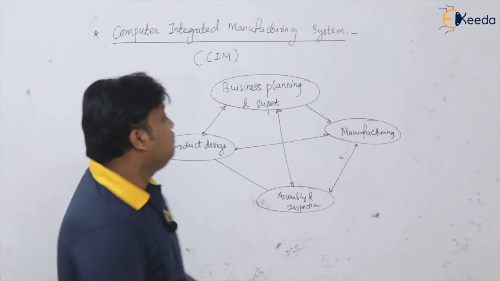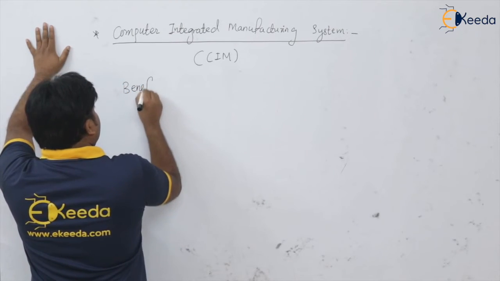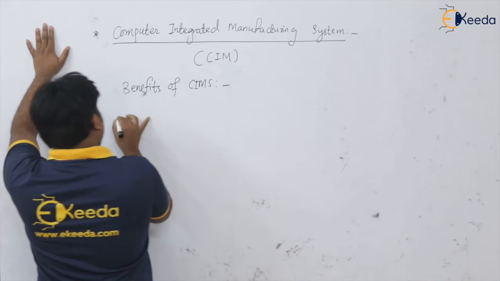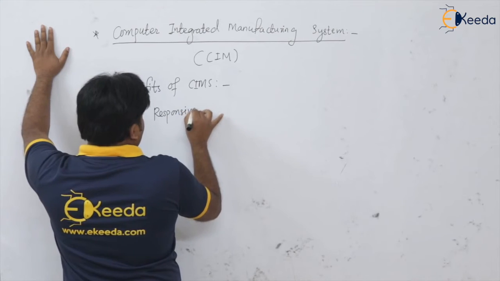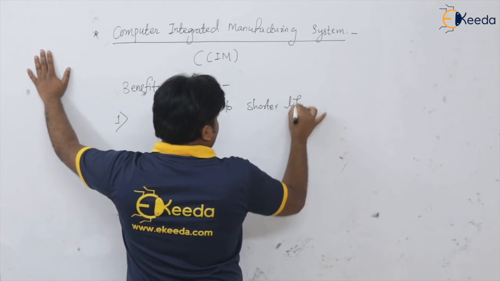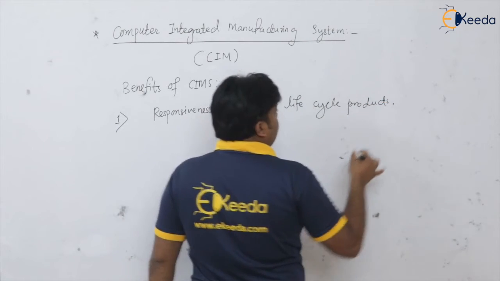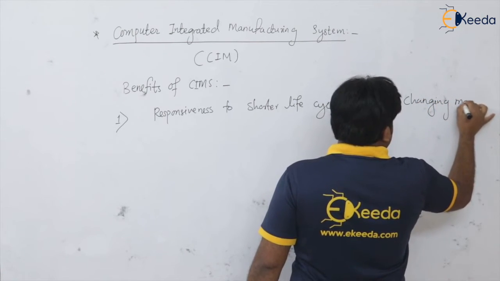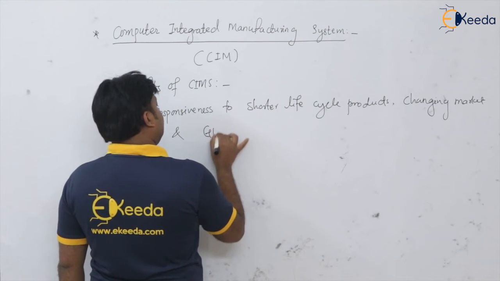Now let us see what are the benefits that we are going to get. If we talk about the benefits of CIMS, number one, the responsiveness to shorter life cycle products, the changing market, and the global competition.